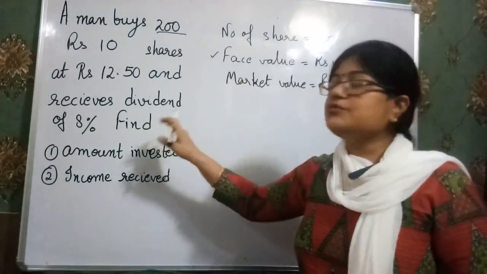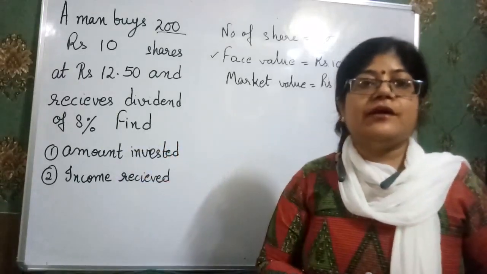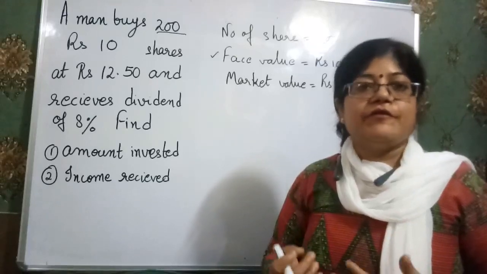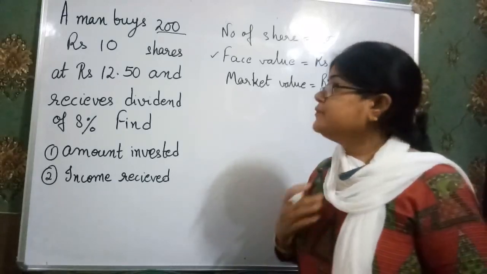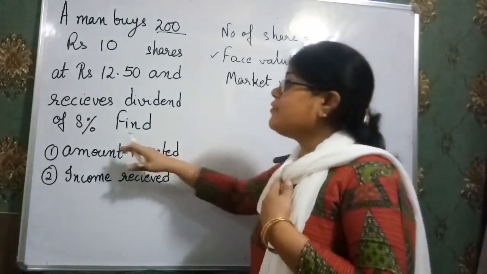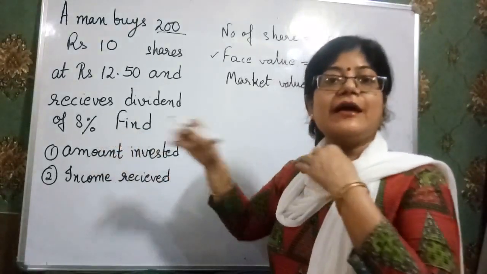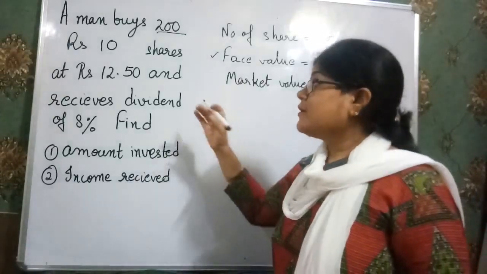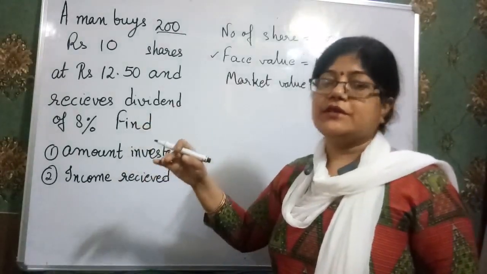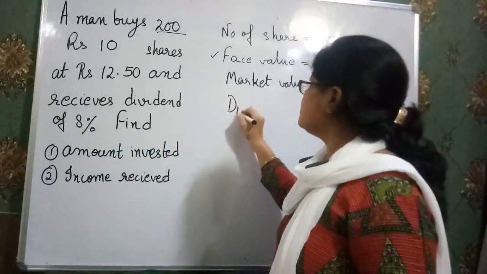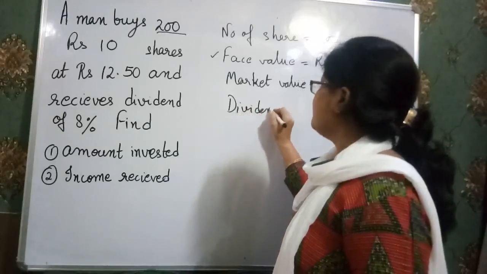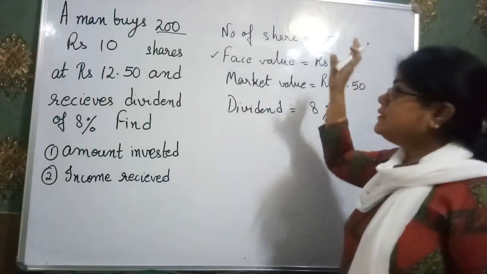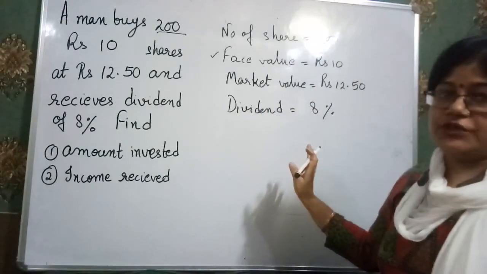According to the dividend and the number of shares, that person gets the money from the company. So dividend of 8% means that the company gives the shareholder money according to the number of shares. Clear? So this is the dividend given by the company, 8%. This is your analysis for the question.